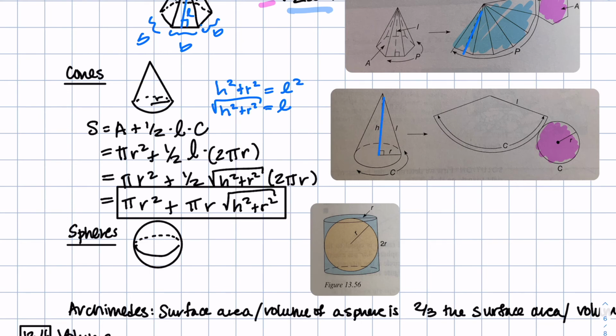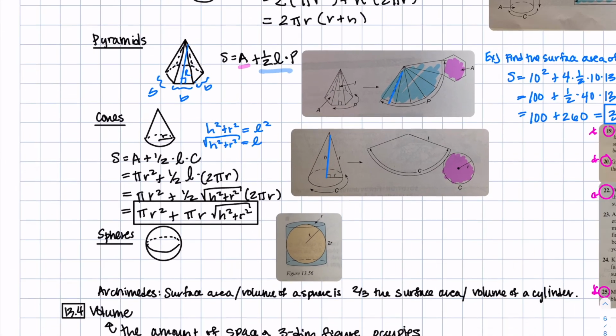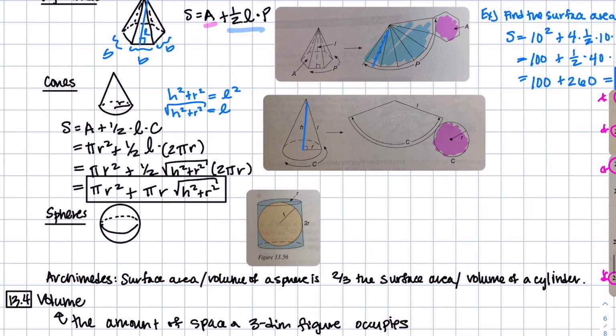Last but not least, they give a formula for the surface area of a sphere. As far as I can tell, your book does not give a derivation for this. I think it would involve calculus to give a rigorous definition for the surface area of the sphere.